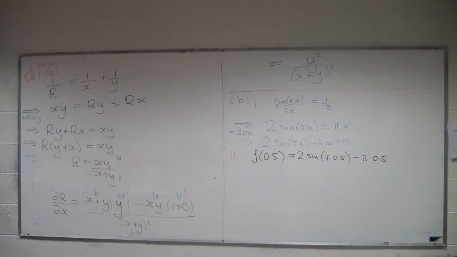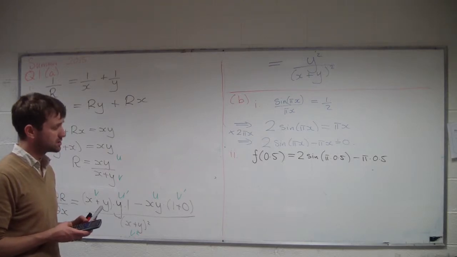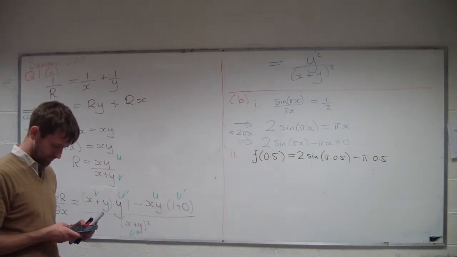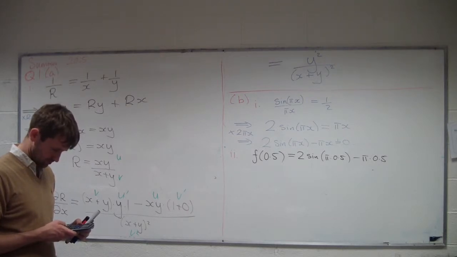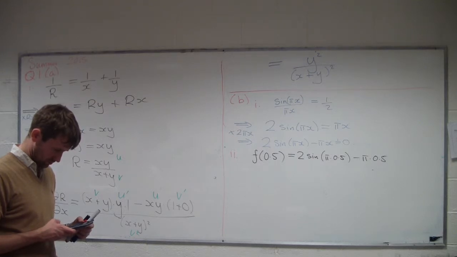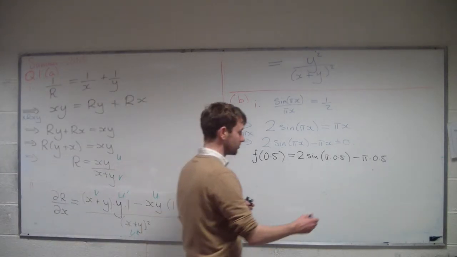Have to be in radians. So if I calculate this, I'm going to get 2 minus a half pi. Now it actually doesn't matter exactly what I get, 0.429. What's the only really important bit? Over 0. Over 0.